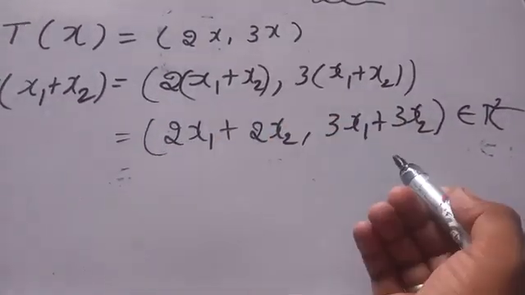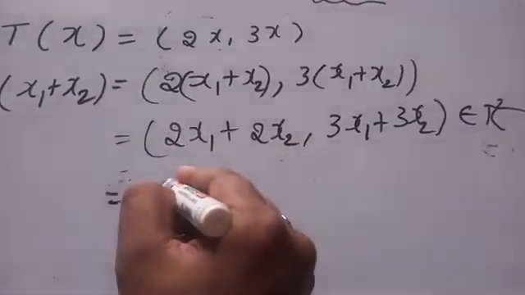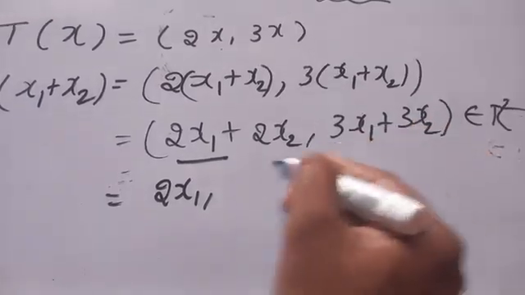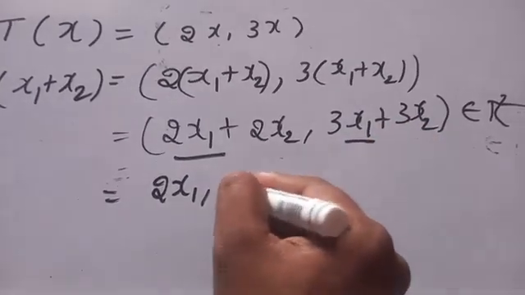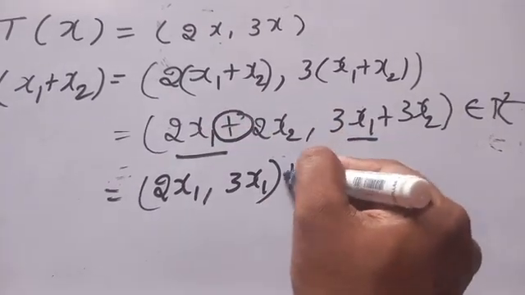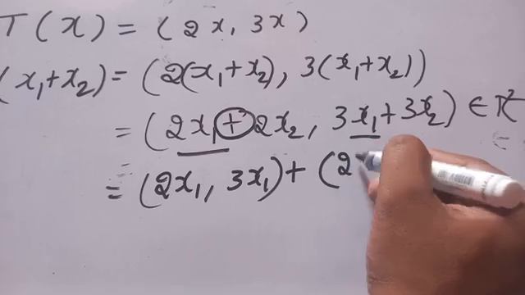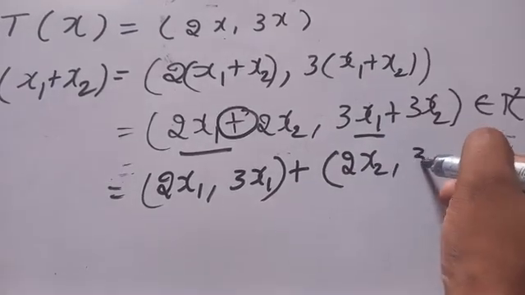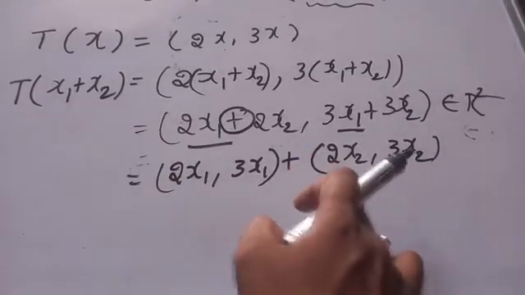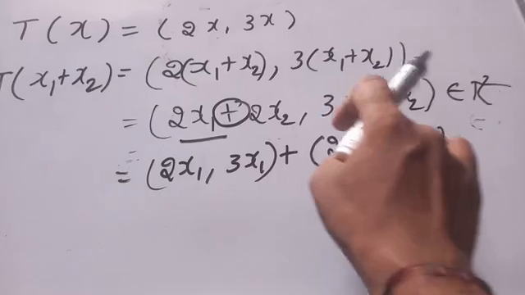Next we have to separate the x1 and x2 terms. So (2x1, 3x1) plus (2x2, 3x2), using vector addition: 2x1 plus 2x2, comma, 3x1 plus 3x2.